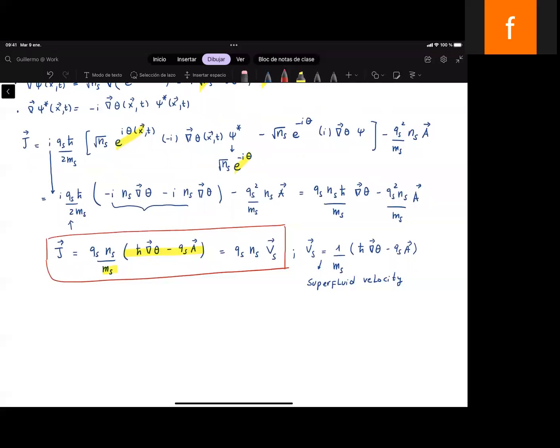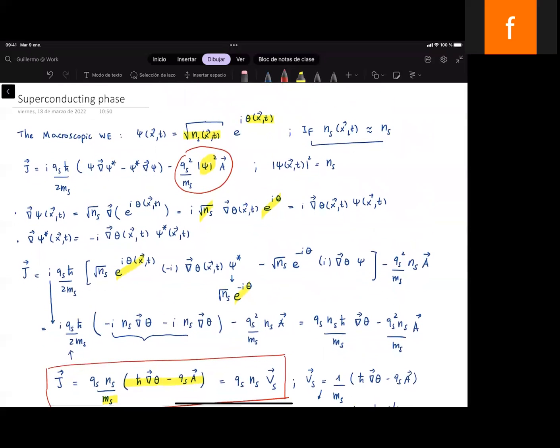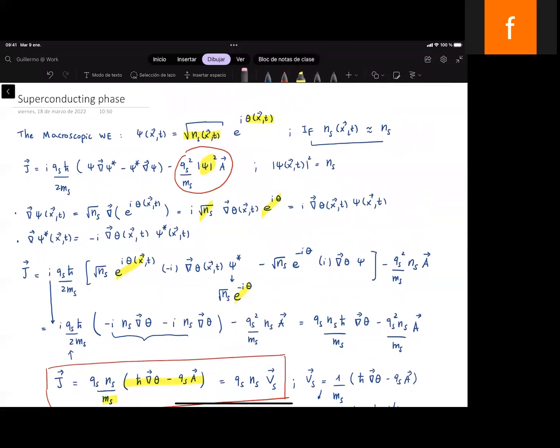What we are essentially considering is this condition here, and then we have a particular expression for the macroscopic wave function, where all the information about the dynamics has to do with the superconducting phase.